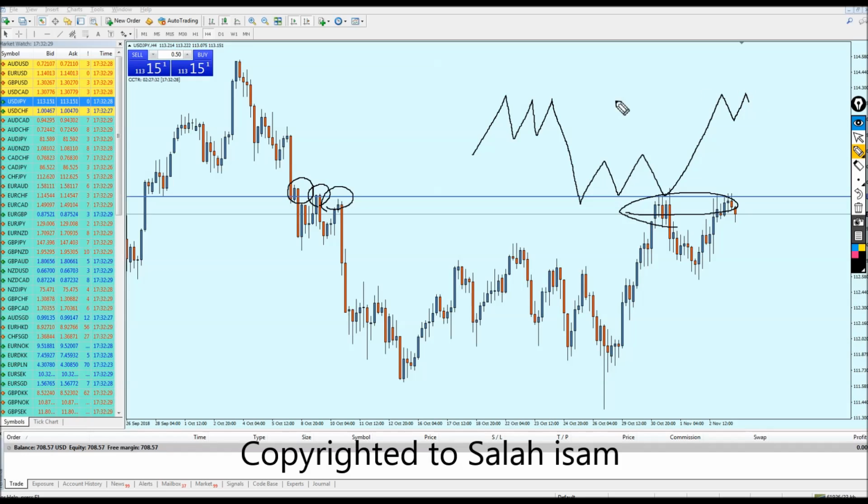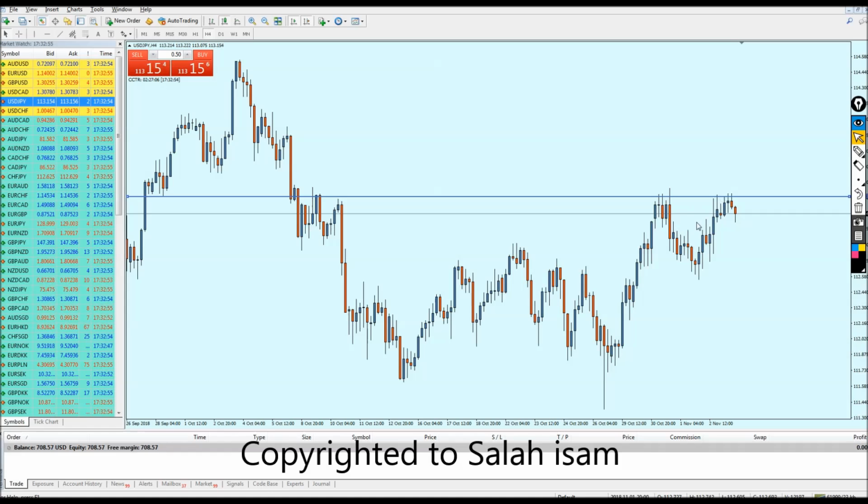Most likely after bouncing back from this strong resistance level, it will continue to go more down, at least until this support. At least. Then it might either bounce back to break out this resistance, or it might go more and more down, which is most likely in this situation.